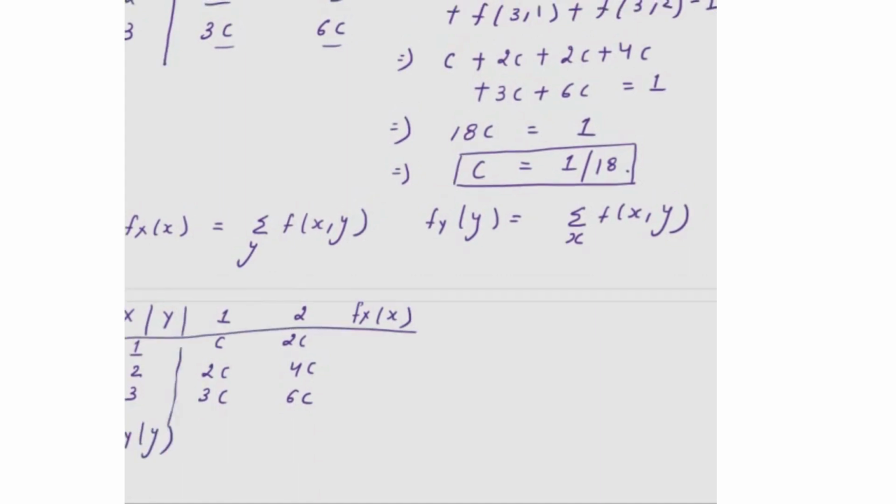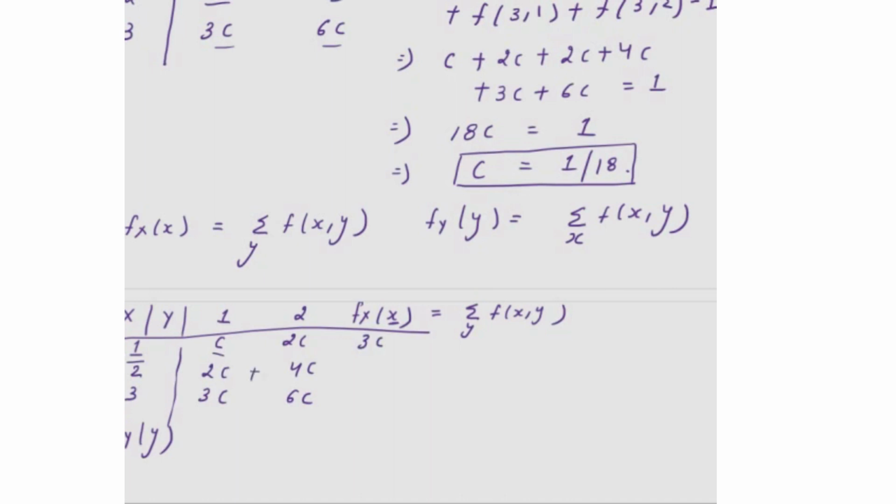Now fx of x is nothing but the summation over all values of y of f of x comma y. So at x equals 1, take the summation over y values. This is c plus 2c, so this is 3c.